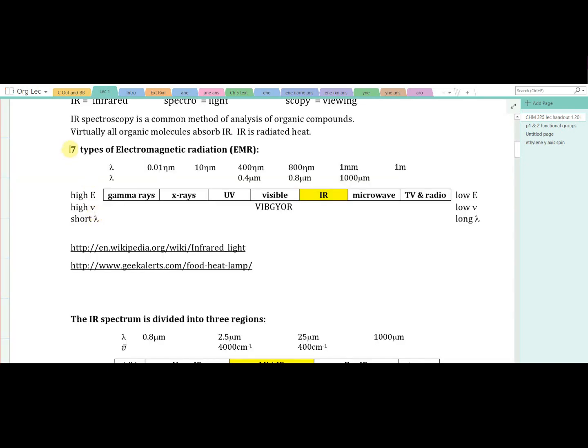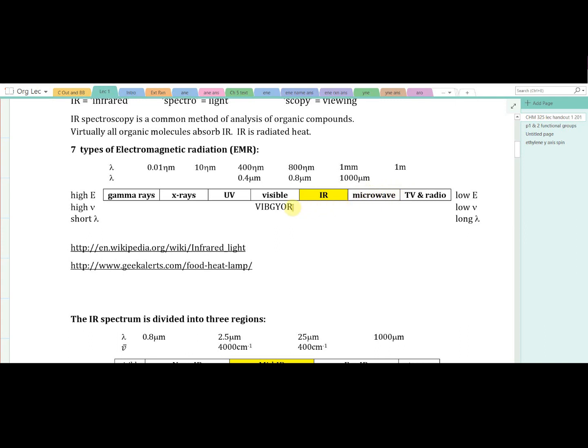There are 7 types of electromagnetic radiation, EMR. Look at the scale below. At the left side we have high energy, high frequency, short wavelength EMR like gamma rays and X-rays and UV rays. To the far right we have low energy, low frequency and long wavelength radiation, including TV and radio waves and microwaves.